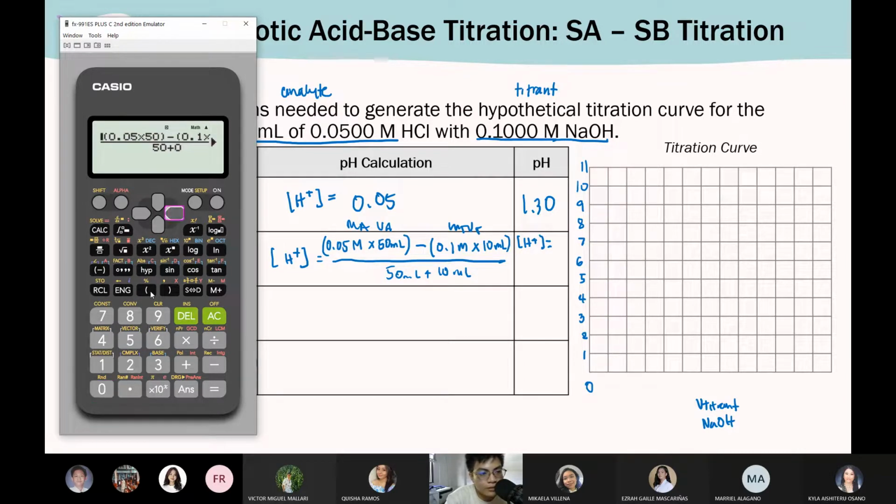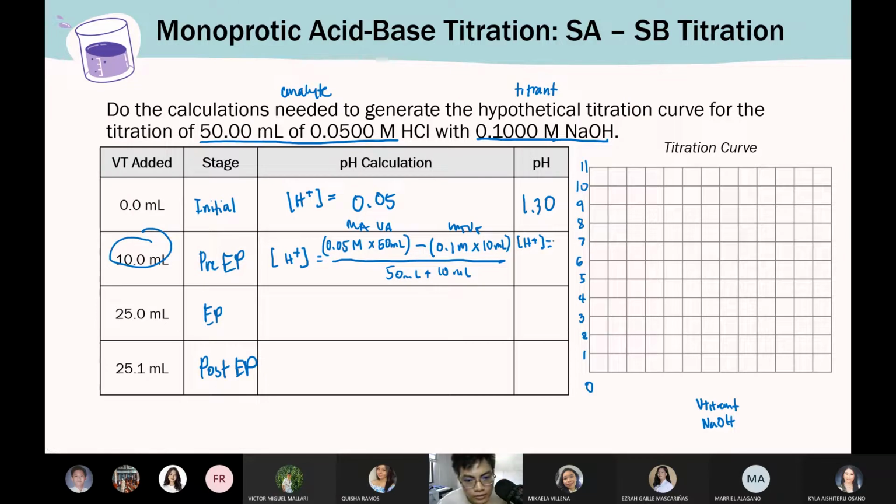So, confirm ko lang kung tama tinype ko. 0.05 times 50 minus 0.1 times 10, 50 plus 10. Okay. So, ito daw yung concentration ng H+, 0.025. Okay? Ayusin ko lang sulat ko. Ayusin ko na lang to sayang space sa gilid.